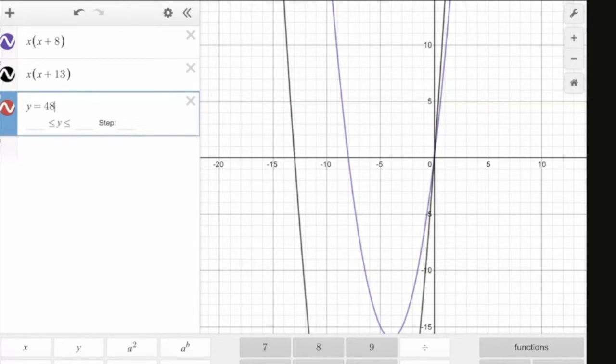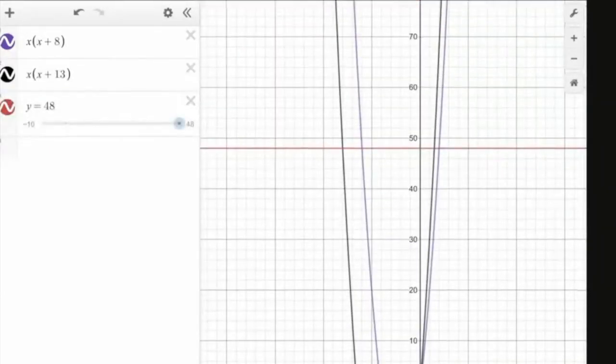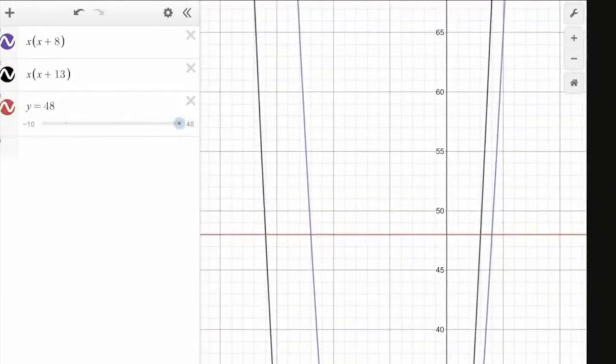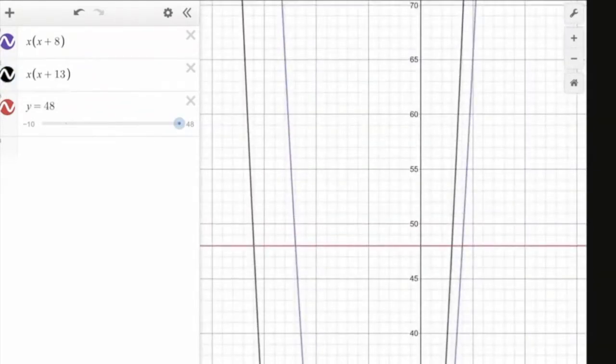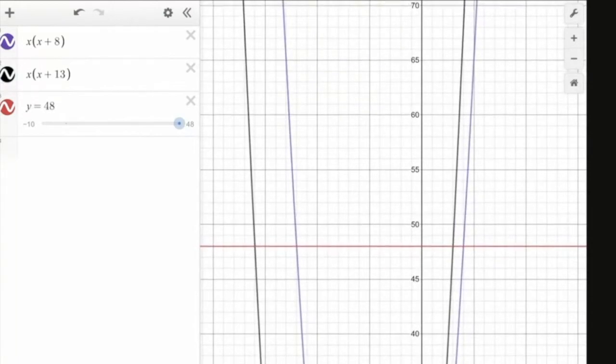All right, so I'm going to come all the way up here at y equals 48, and now this is where we're seeing our zeros of the functions when they're equal to 48. And here we got one here. Okay.